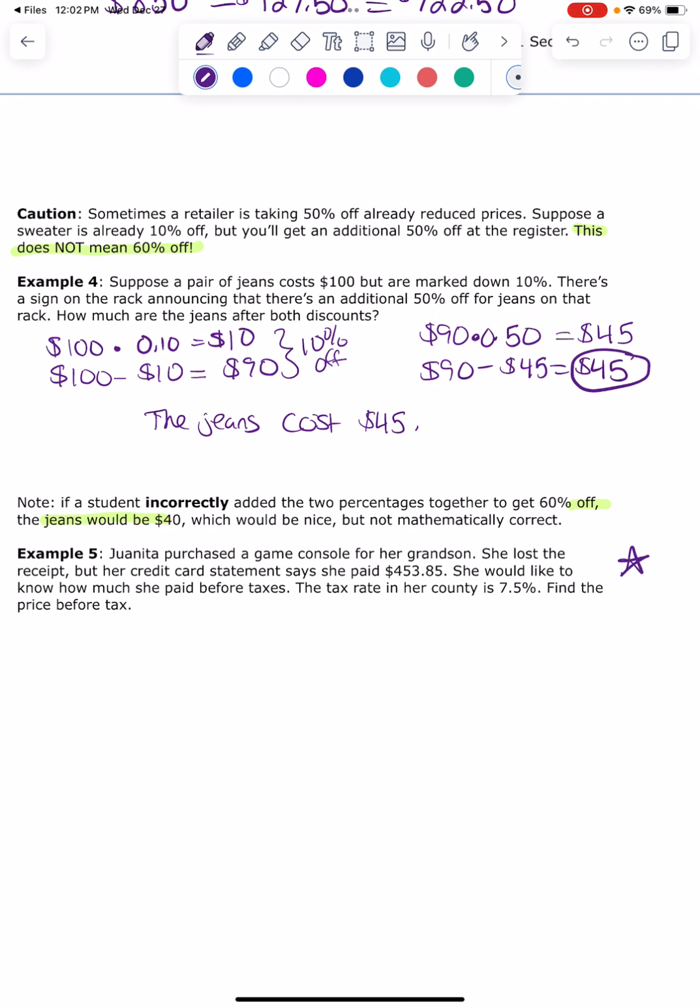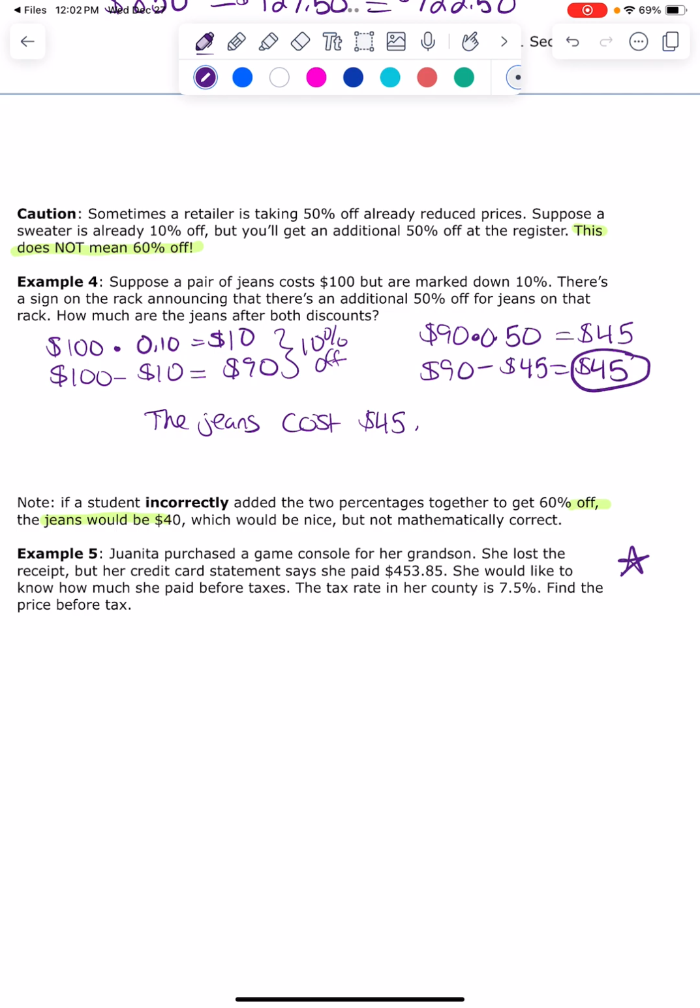So what students do typically is they multiply 7.5% by 453.85 and then subtract that to find what they think is the original price, but that is not quite how it works. So I think it helps to write it out, like just in words.